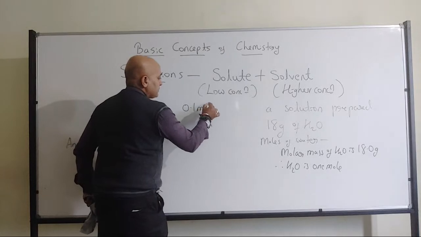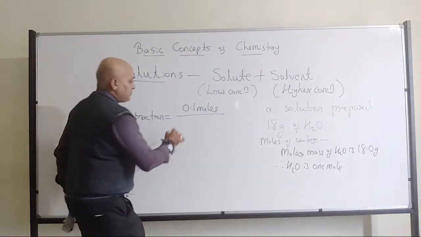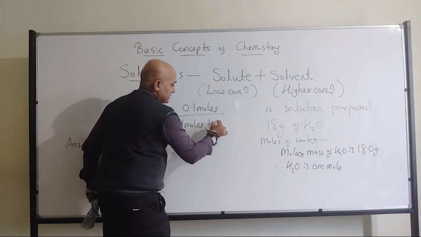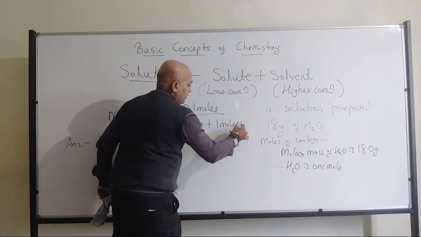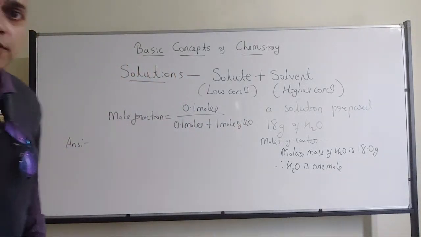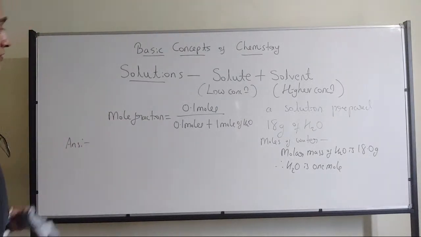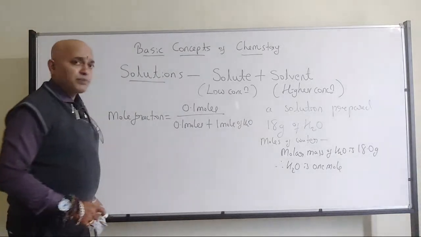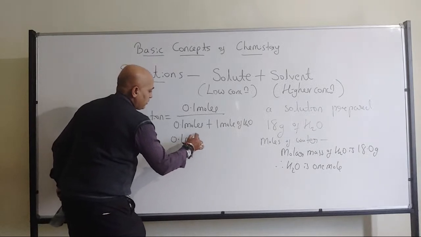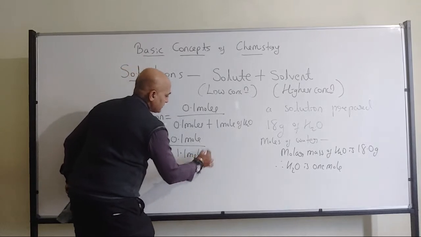So we have got 0.1 moles, divided by 0.1 moles of sodium hydroxide plus 1 mole of water. That is nothing but 0.1 mole divided by 1.1 mole.